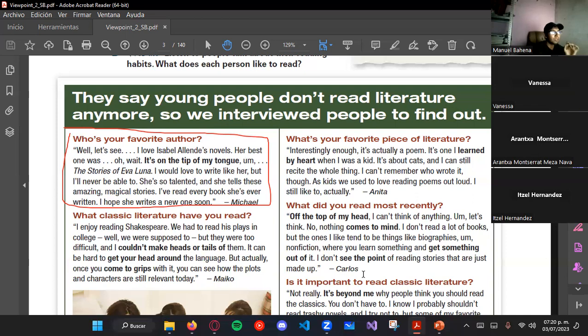Correct. I would love to write like her, but I will never be able to. Me encantaría escribir como ella, pero nunca seré capaz. Exactly. She's so talented and she tells these amazing magical stories. Ella es muy talentosa y cuenta estas increíbles historias mágicas.